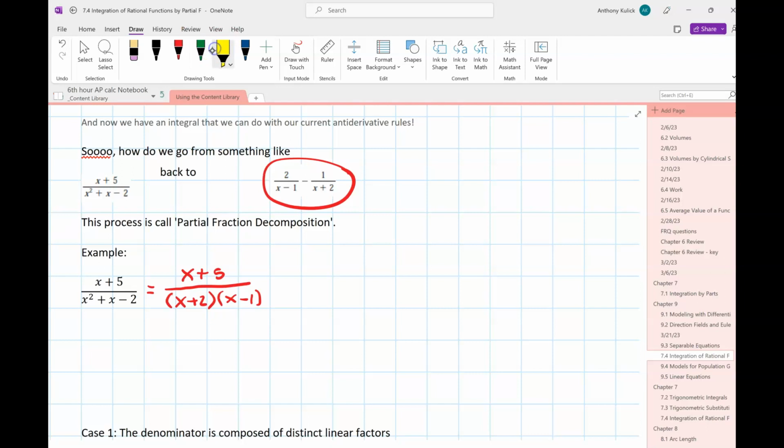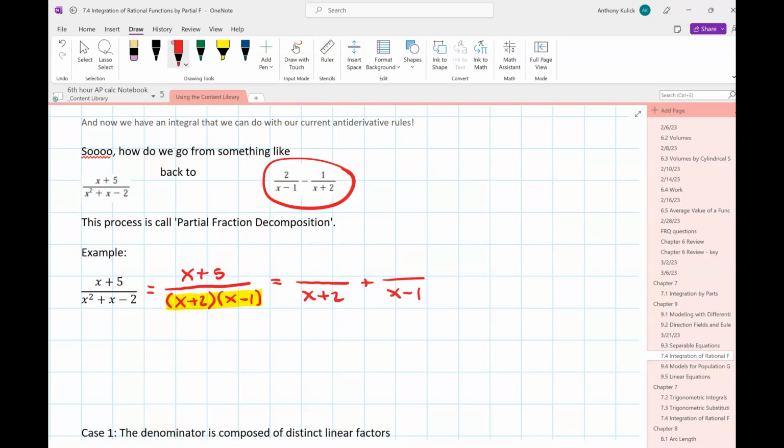So this (x + 2)(x − 1) is the common denominator for some addition or subtraction problem. If I was adding two things, one of the denominators has to be x + 2, the other denominator has to be x − 1.